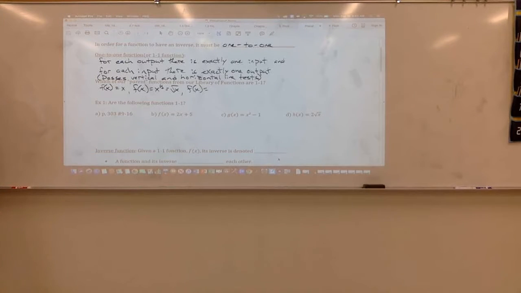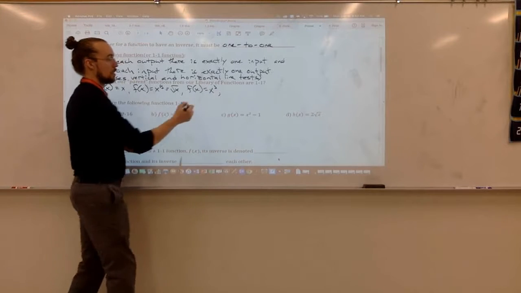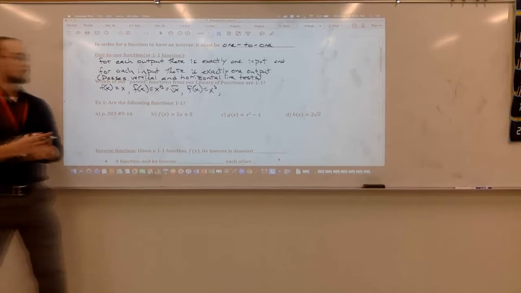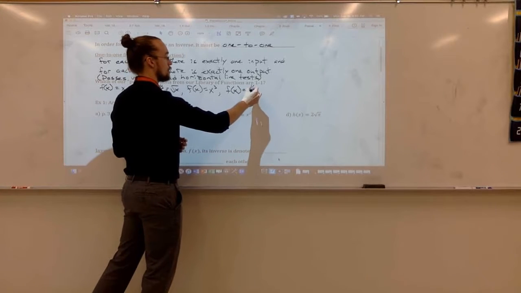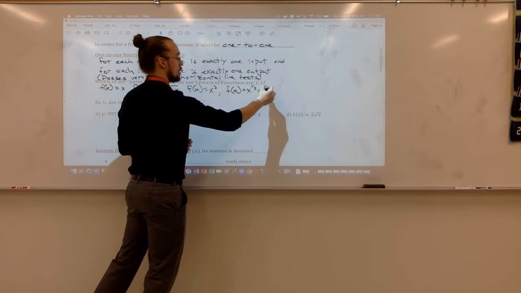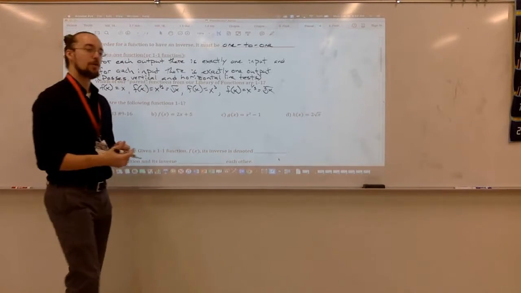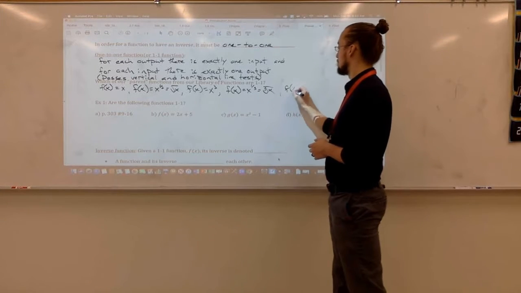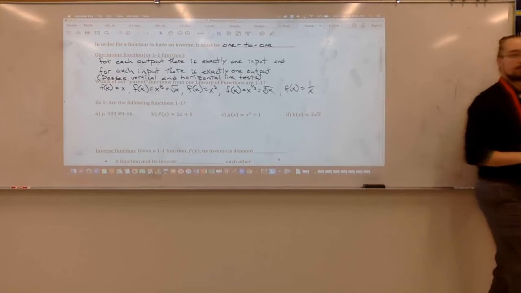What else? x to the 3rd. What else? The cube root of x, so we can say it's x to the 1/3. I think there's one more. 1 over x would also pass both the horizontal and vertical line tests. I think that's it for the parent functions.